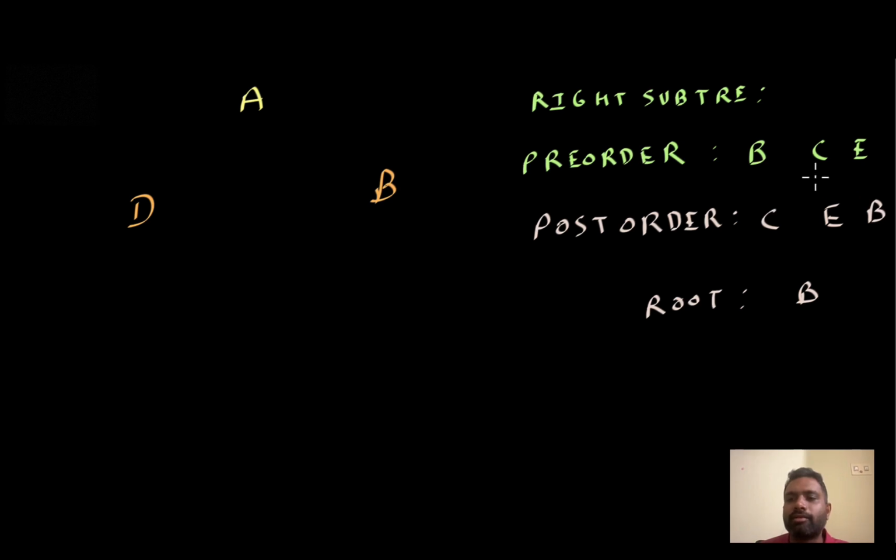Left child is the second node, right child is the third node. So C will be the left child because it is the second node in preorder.